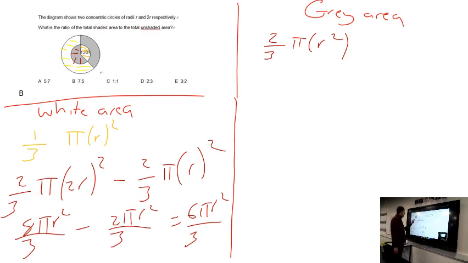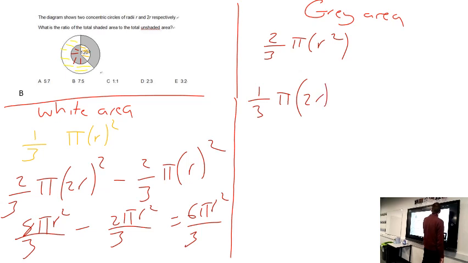Now for this grey area here, this is going to be the large sector minus the small sector. So we have a third pi, and its radius is 2r squared. And we're subtracting the small sector, which is a third pi r squared.